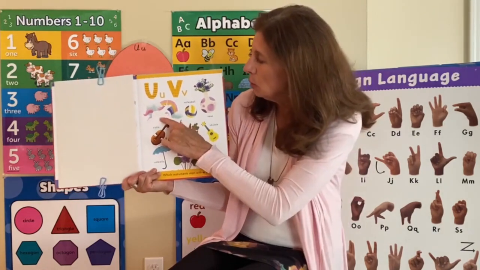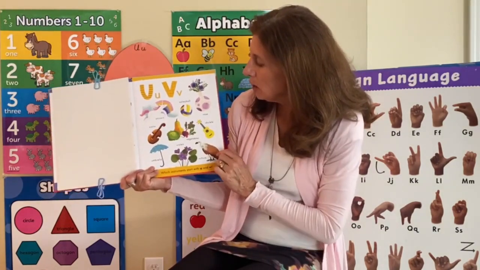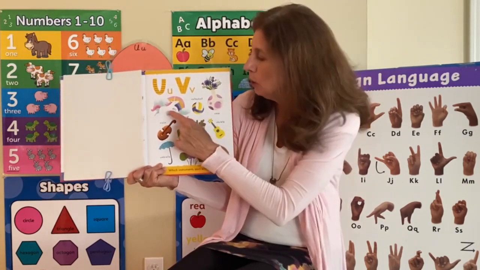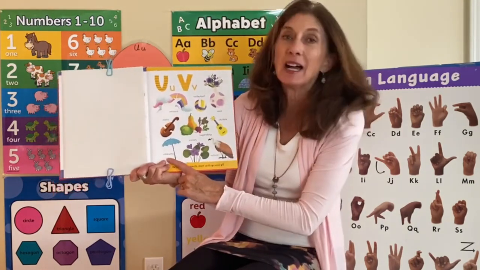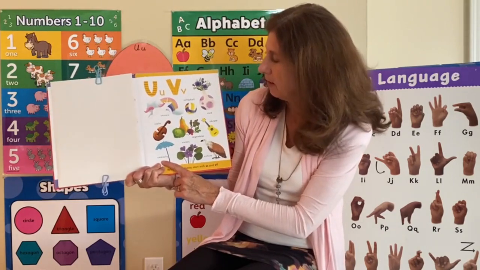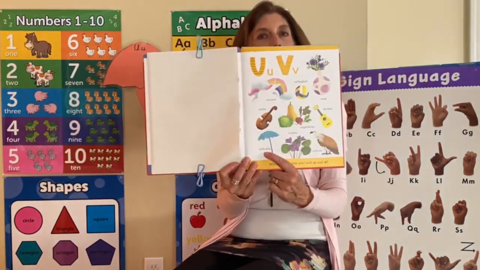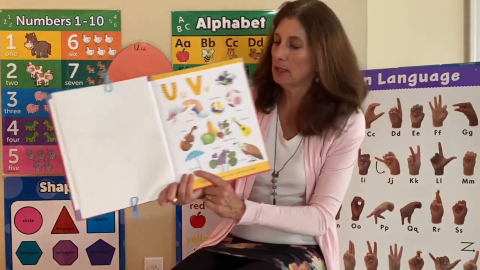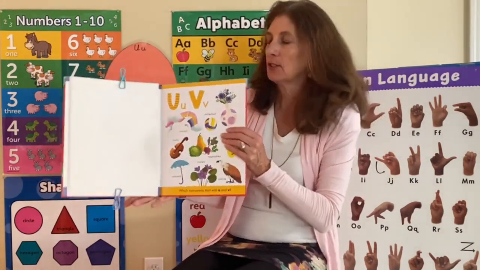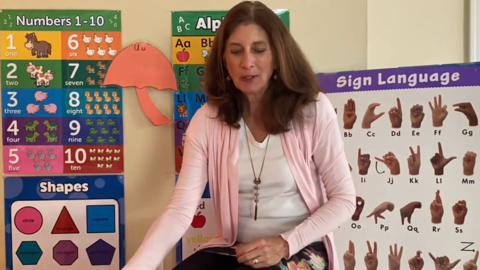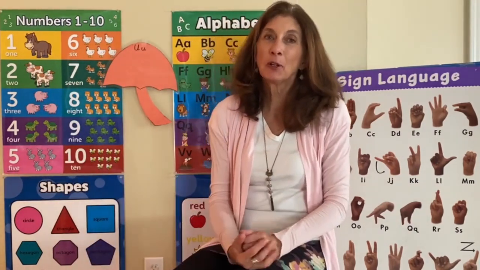Ukulele, do you hear that U sound? Ukulele, unicorn. But the sound that we're concentrating on is umbrella. Umbrella has the sound in it, and so let's close that book. There weren't very many words to think about, but we had some in our cheer too.